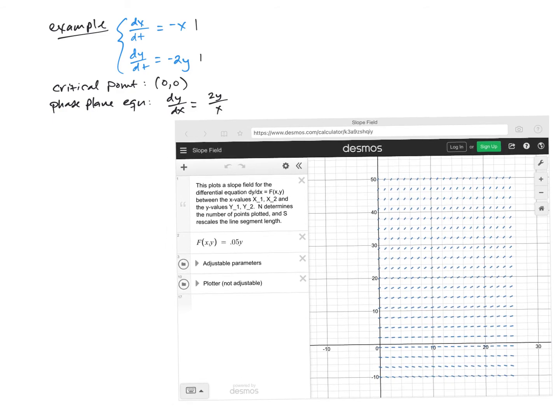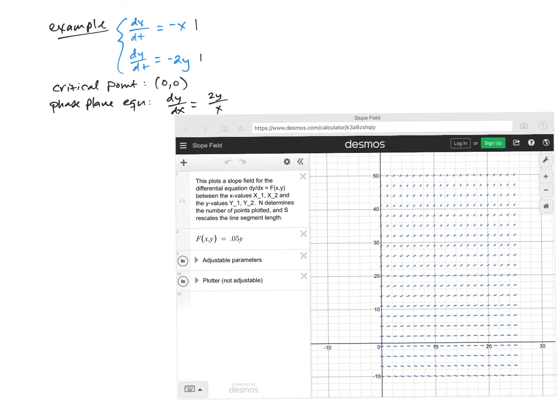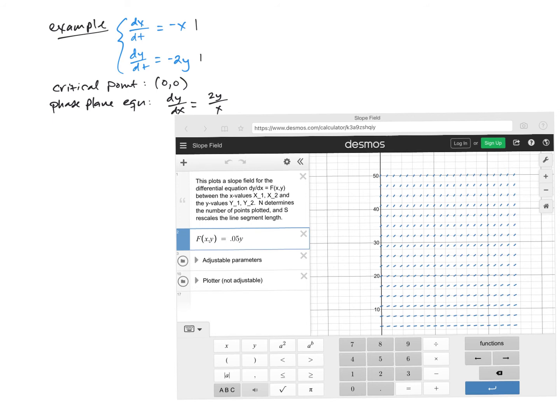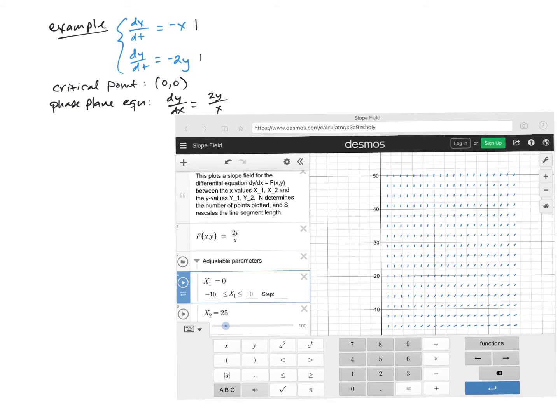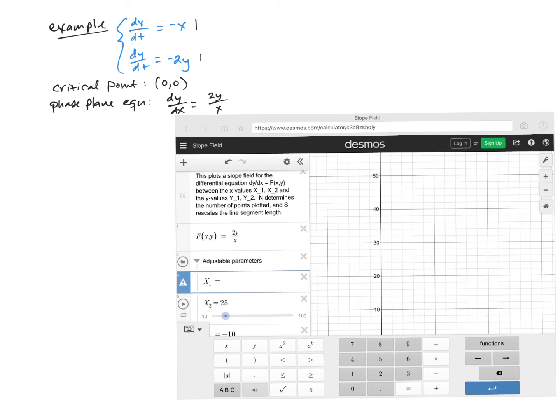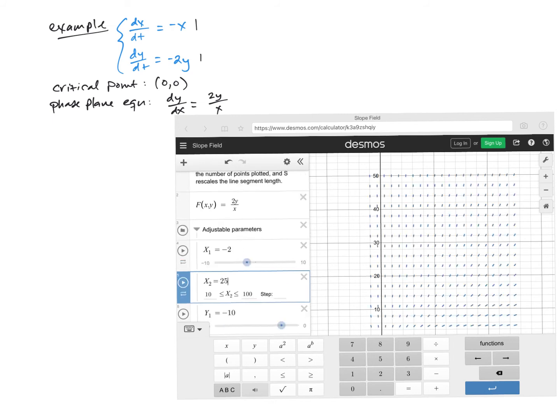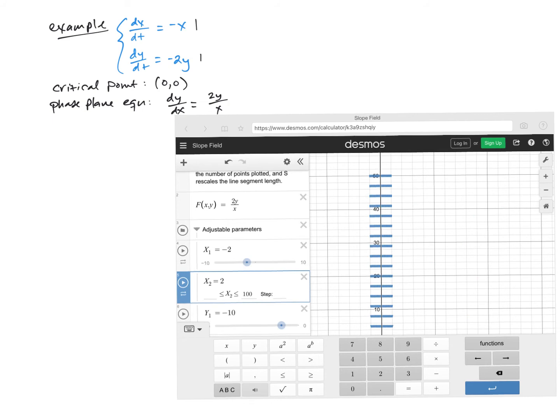So what I'm going to do here is put in our phase plane equation. So 2y over x. And then you can see here you can adjust your range. I want to go from maybe -2 up to 2 because I know that I want to be around 0.